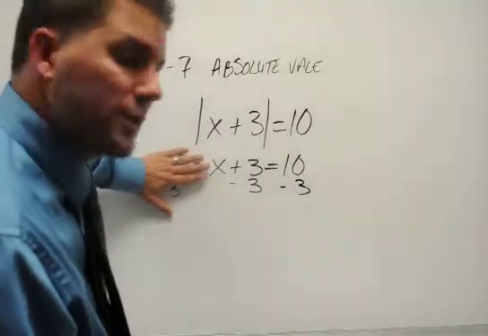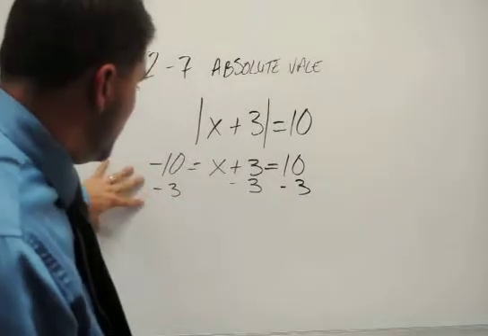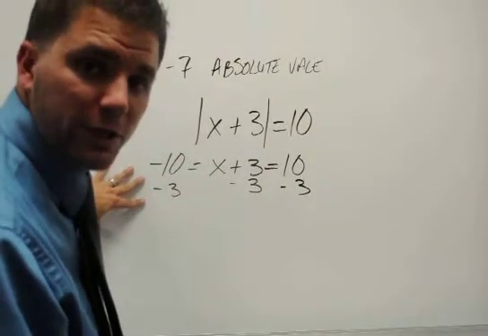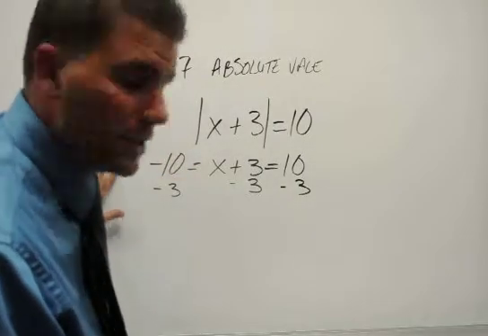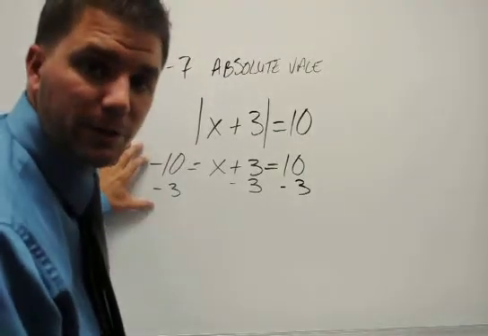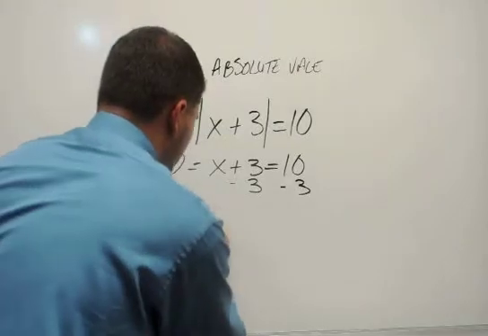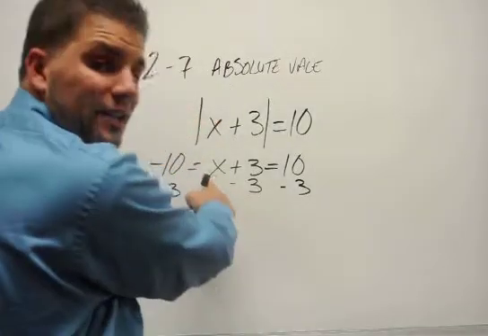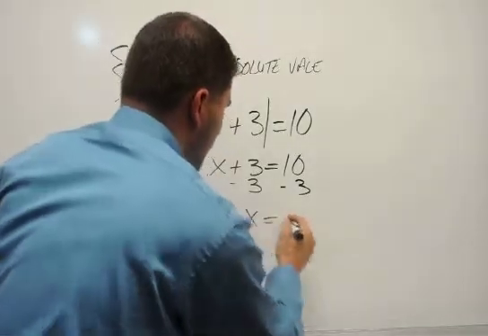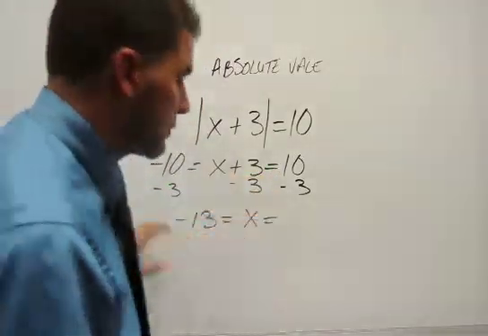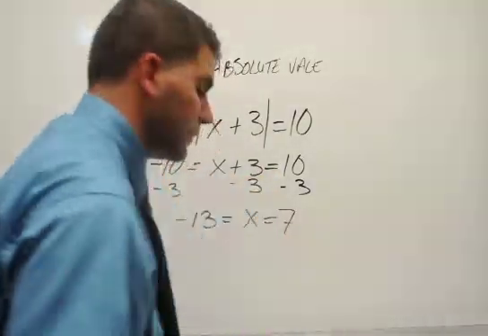So instead of just a two-step equation like we're used to, or in this case a one-step equation, it's got a third side to it. Now what happens here, -10 and -3 gets me a -13. The x is the only thing left inside of the equal signs, and 10 minus 3 is 7.